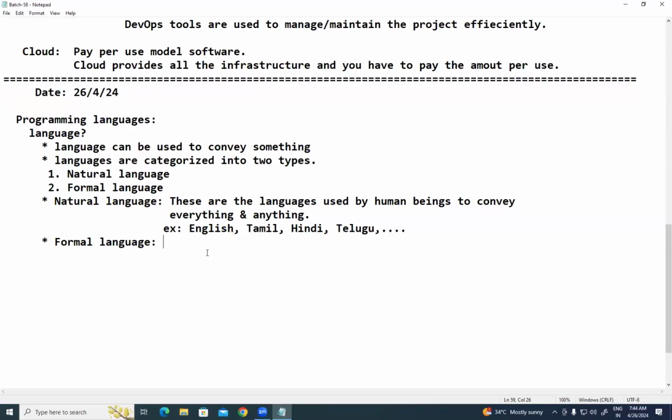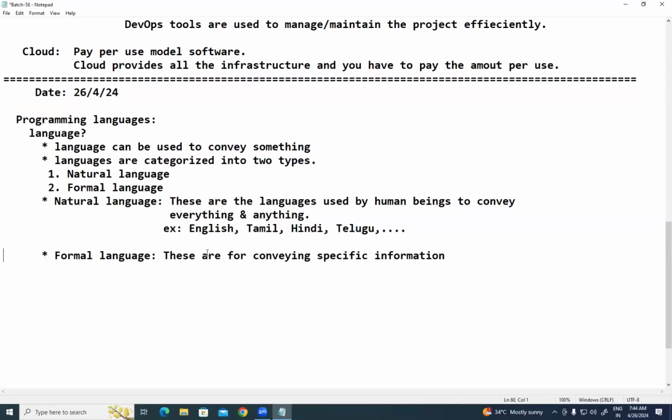Formal languages are used for a specific purpose, for conveying specific information. I will share this document with you, folks. Meanwhile, if you want, you can take a screenshot through your mobile, but I'll definitely share this. Don't worry. Later on, I will share the class notes every day.